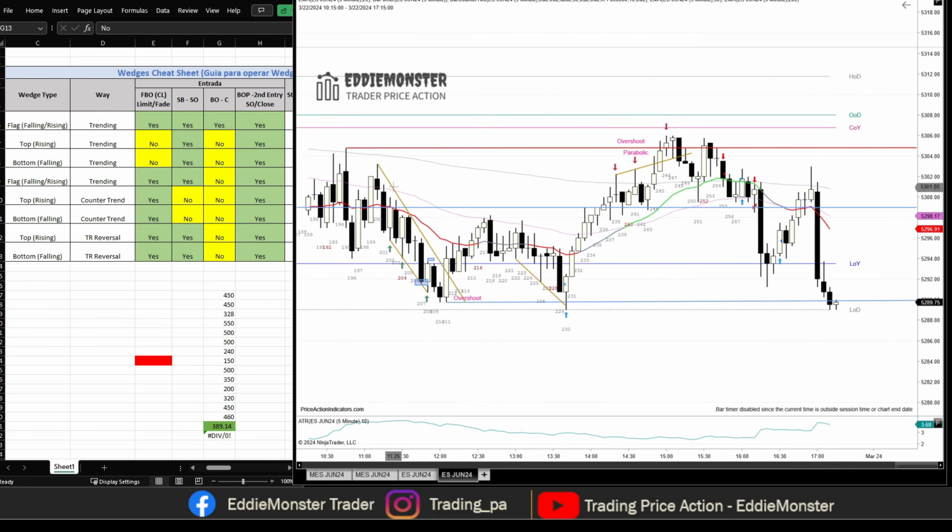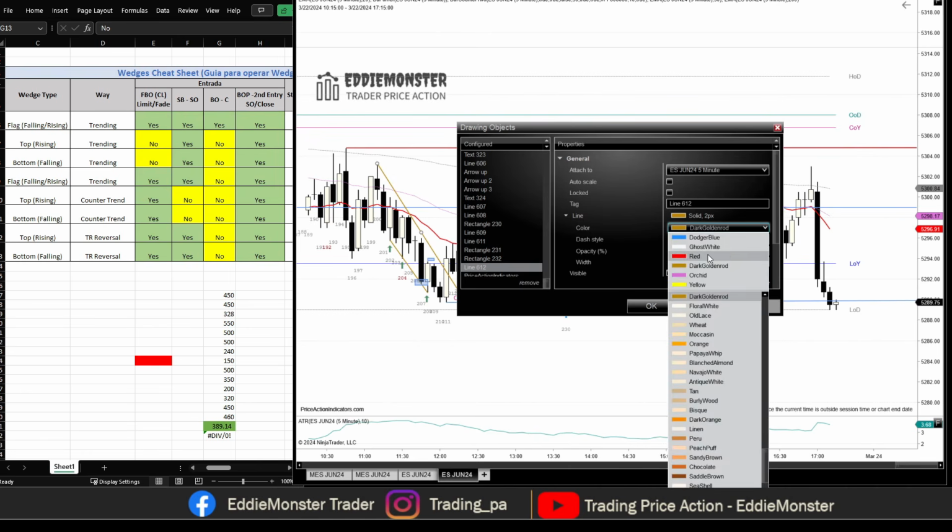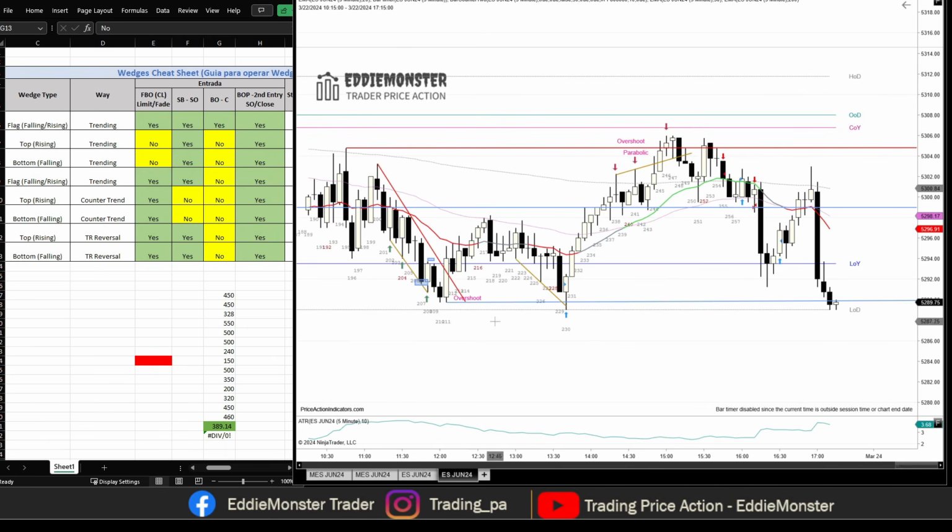This is a trend line, let me put it better here. And then you have this bar. This is a breakout bar.